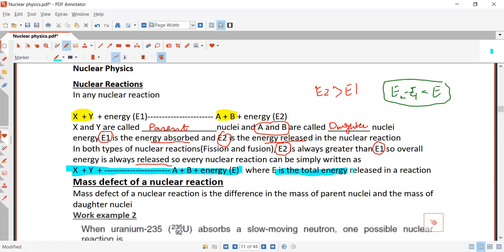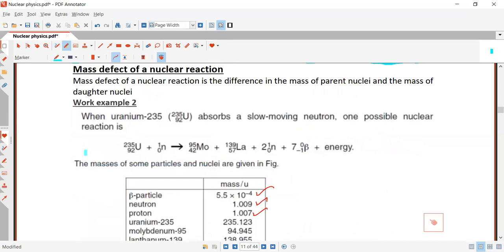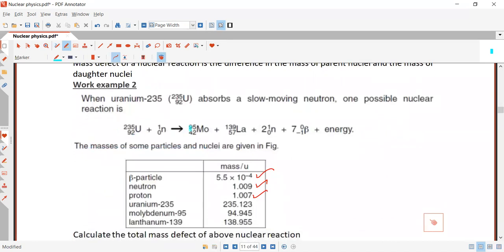Where E is the total energy released in this reaction. Okay, so now here is a question. The question is, when uranium absorbs a slow-moving neutron, one possible nuclear reaction is this, right? So here is the uranium, molybdenum is formed, lanthanum is formed, and then two neutrons are released and seven beta particles are also released.